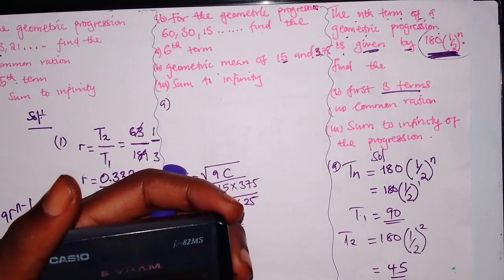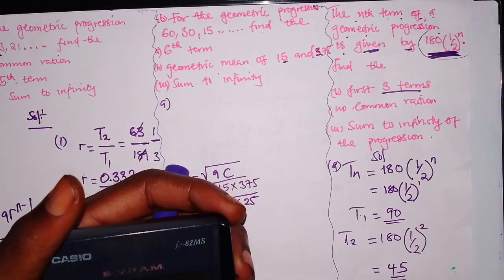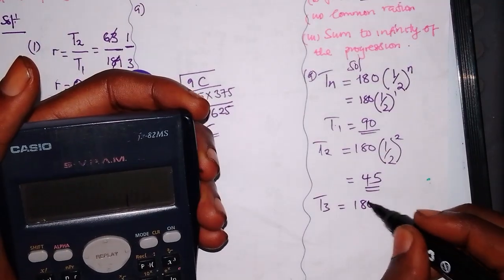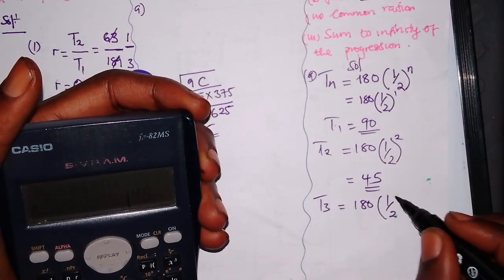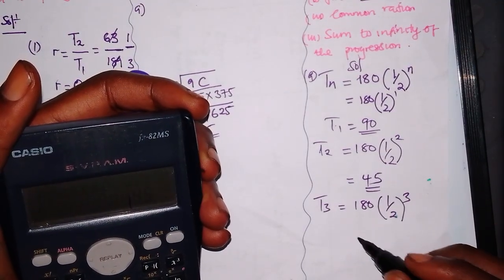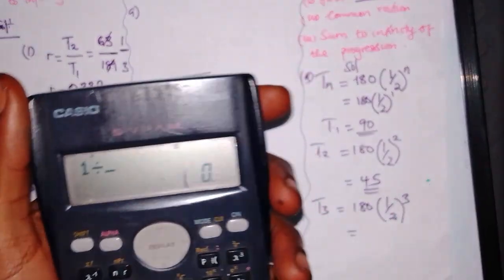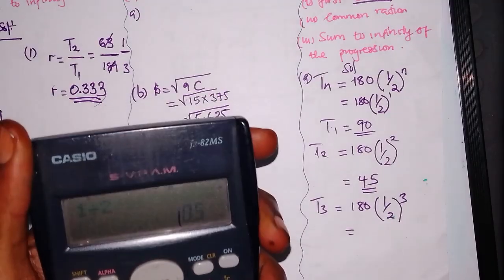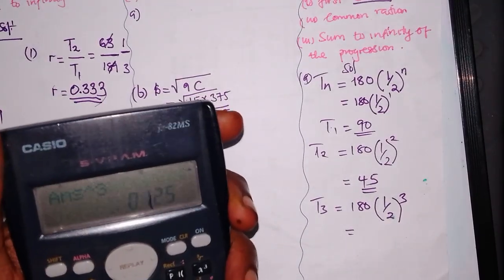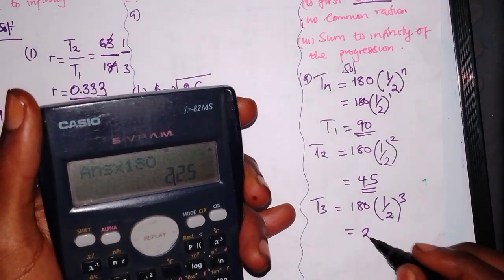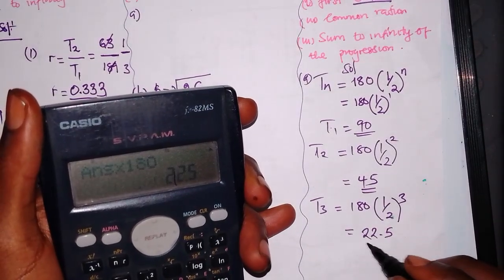Then our third term, you say again 180 times 1 over 2 to the power 3. So again you do the same, 1 divided by 2 to the power 3 times 180. We have 22.5.